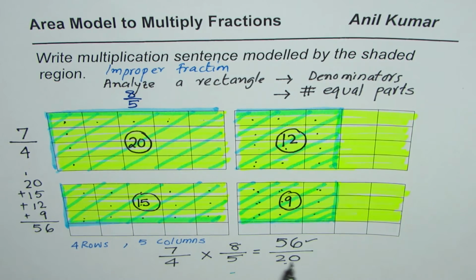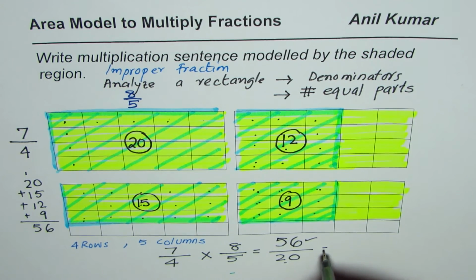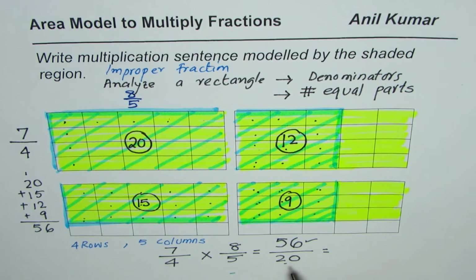If you want, you can always write this as a mixed number. To write it as a mixed number, we divide 56 by 20. It goes 2 times. 2 times 20 is 40. When you take away 40, you get 16. So you get 2 and 16 over 20.